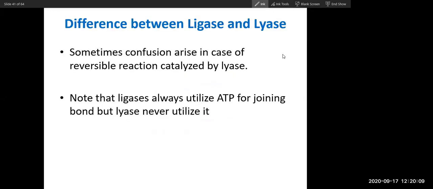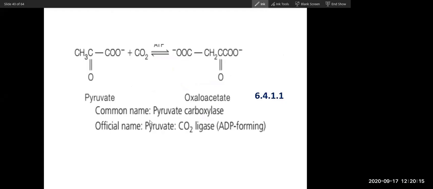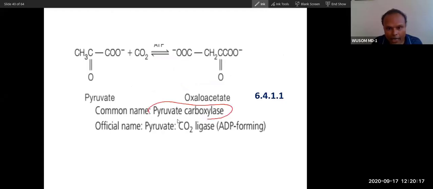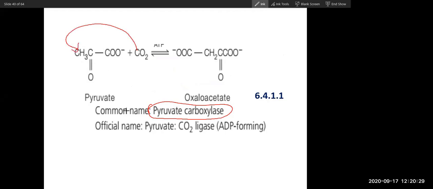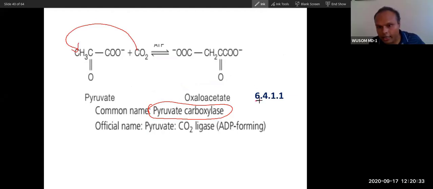Dr. Santosh, please. Yes, tell me. Carboxylase is in what group of enzymes? This is an enzyme, pyruvate carboxylase. The name is pyruvate carboxylase because it carboxylates, it adds CO2 to pyruvate. What group will it be, from 1 to 6? 6, ligase, yes.